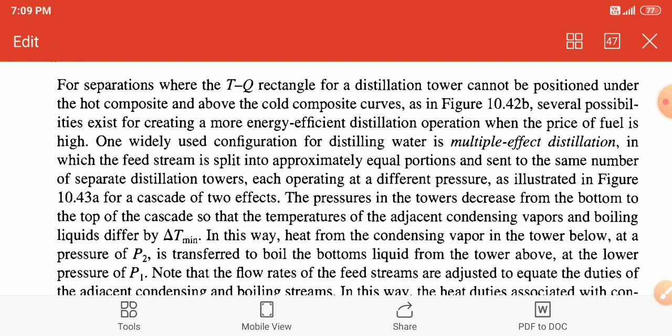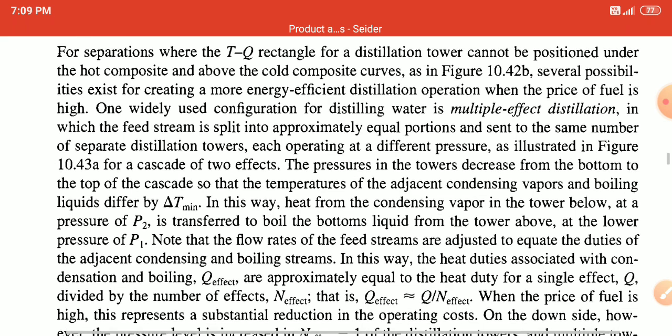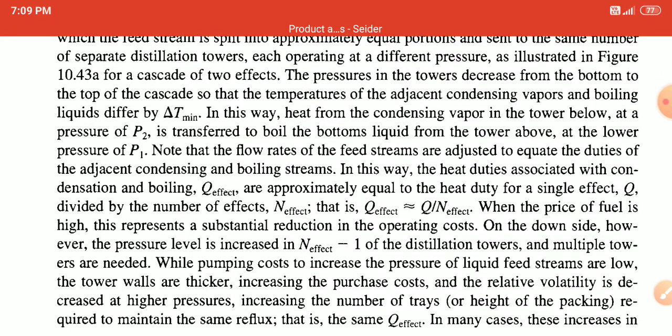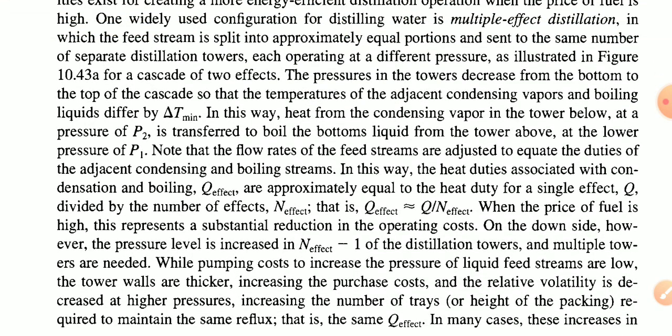As illustrated in Figure 10.43 part A, for a cascade of two effects, the pressure in the tower decreases from the bottom to the top of the cascade, so that the temperatures of the adjacent condensing vapor and boiling liquid differ by the delta T minimum.